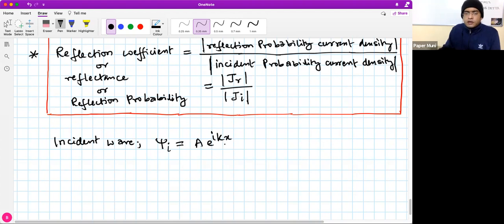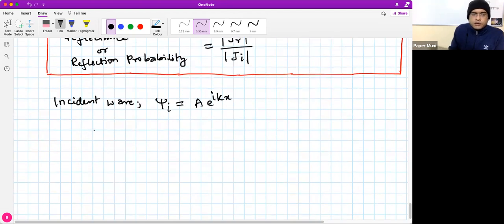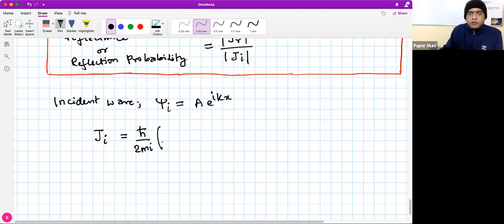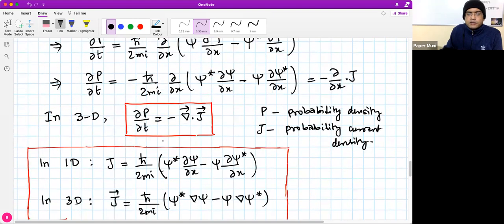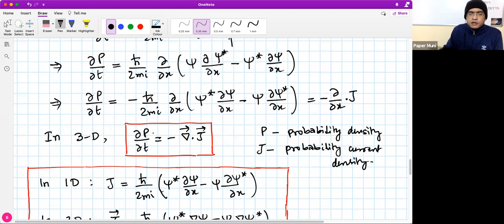All right. Now let's talk about what is the probability current density of the incident wave. So just use the formula which we have, ħ/2mi. Now what was the formula we wrote here? Yeah, we had written it like this. Although we had taken this minus sign just because, if probability density is decreasing somewhere, then it has to increase somewhere.